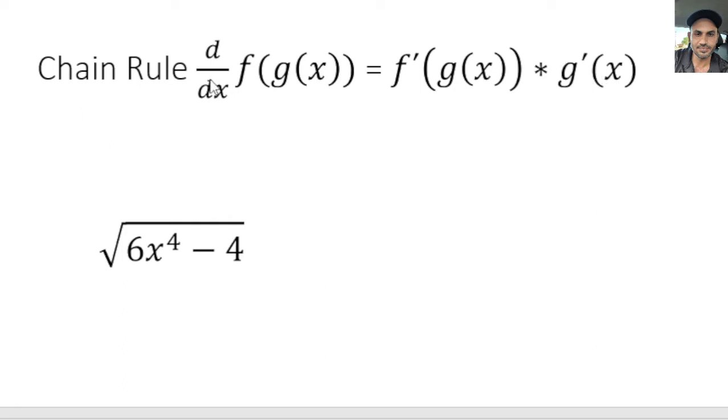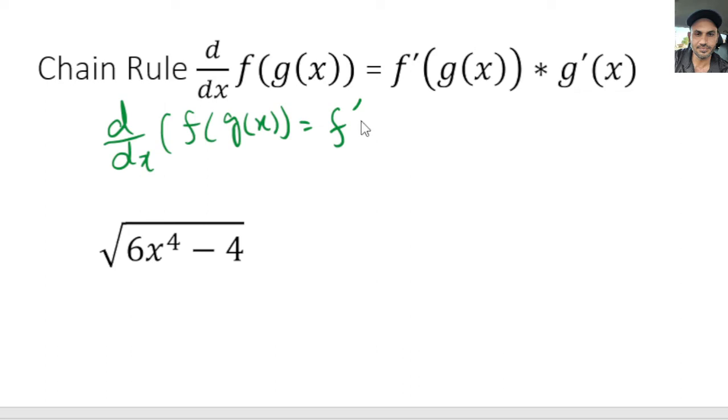So the derivative d over dx of f of g of x is going to be the derivative of the main function, which has the input as g of x, times the derivative of the input function, which is g prime of x. All right, now let's take a look at this example.